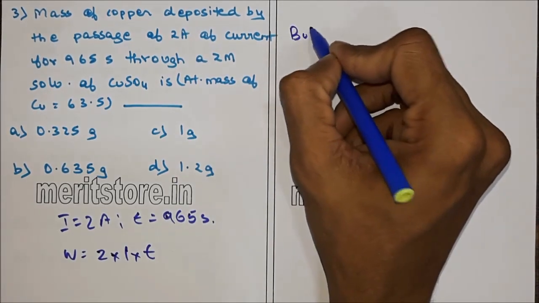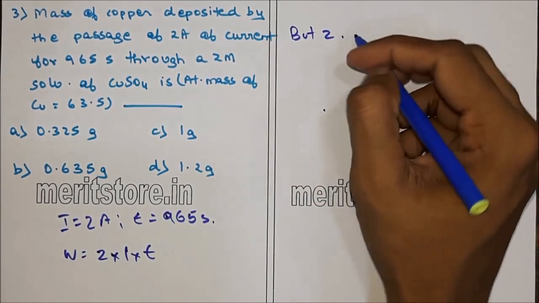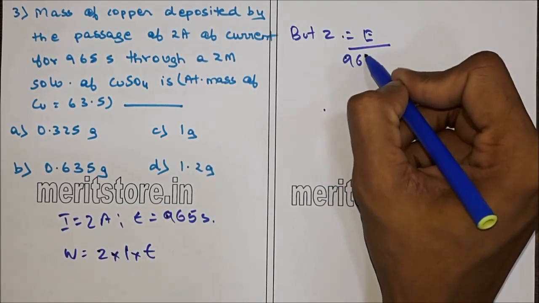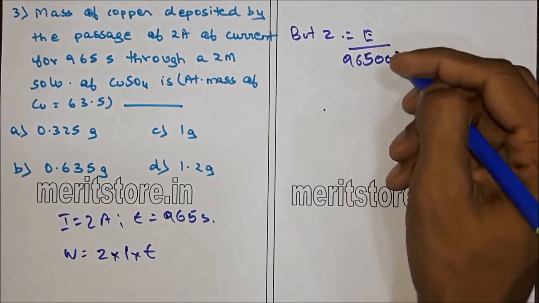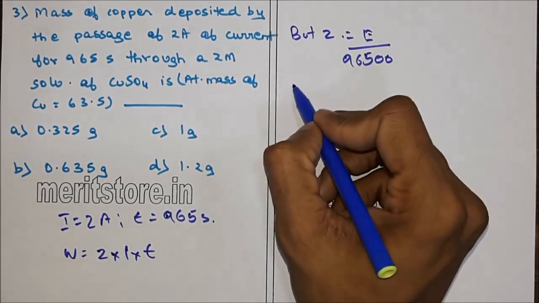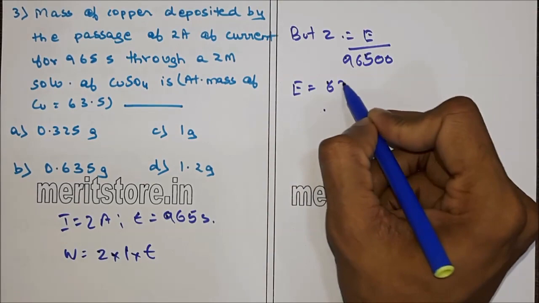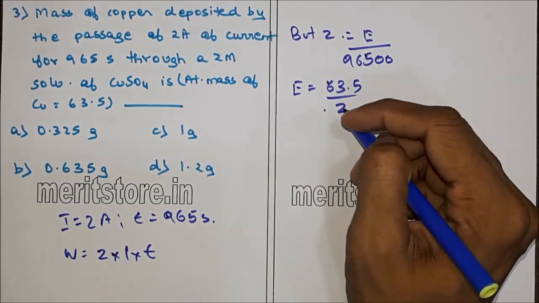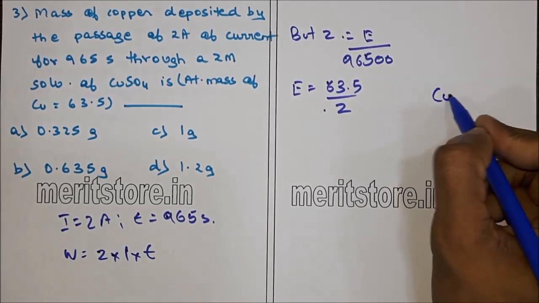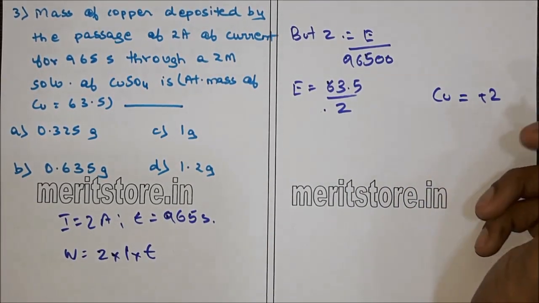But Z we have equal to E upon 96,500, where E is equivalent mass of copper. Therefore, we have E equal to 63.5 upon 2. In copper sulfate, copper is in +2 state.